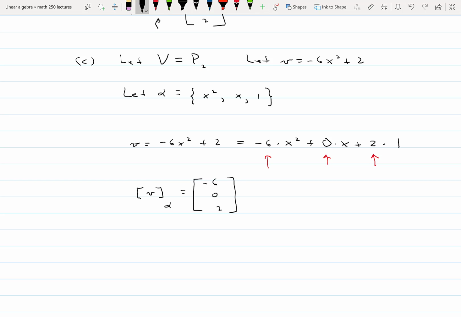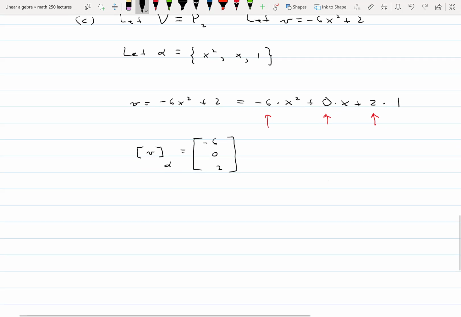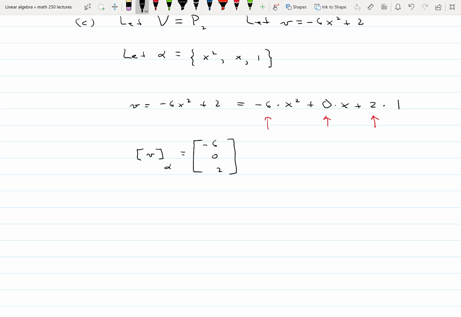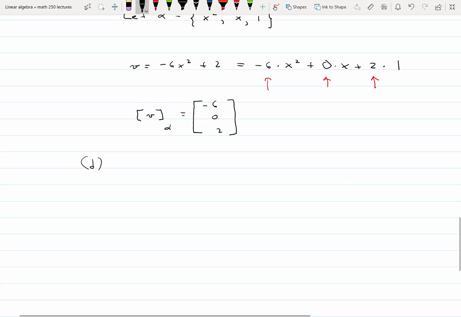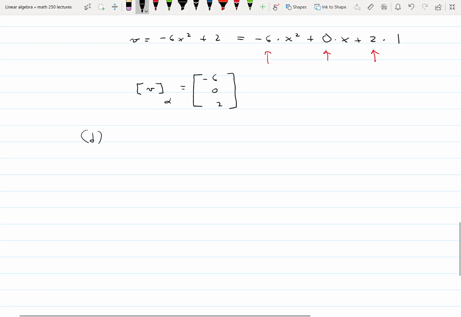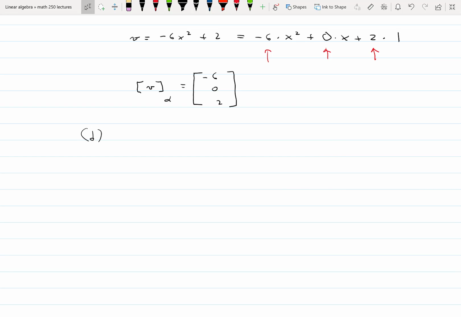So no matter how abstract your vectors are in your vector space, the coordinate vectors are always column vectors. I keep saying that, but it's a really important thing through our long section 5.3, which we haven't started yet. So I want to look at one more example, then we'll actually dig into section 5.3.